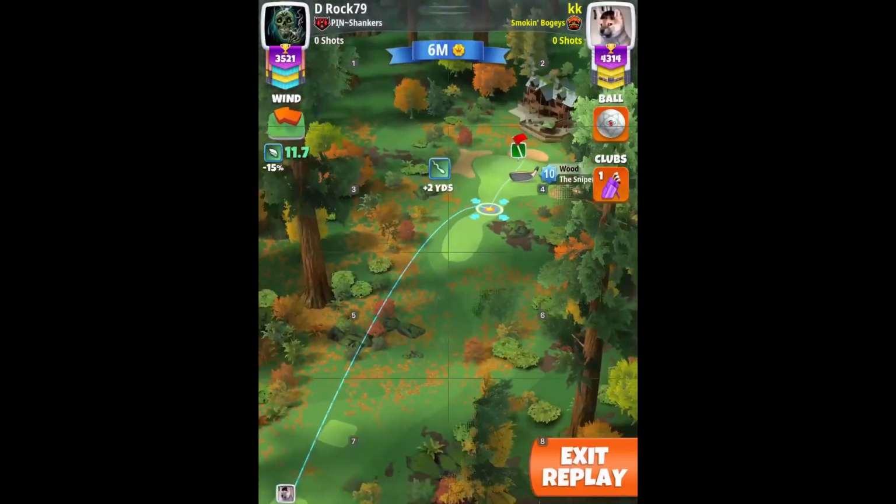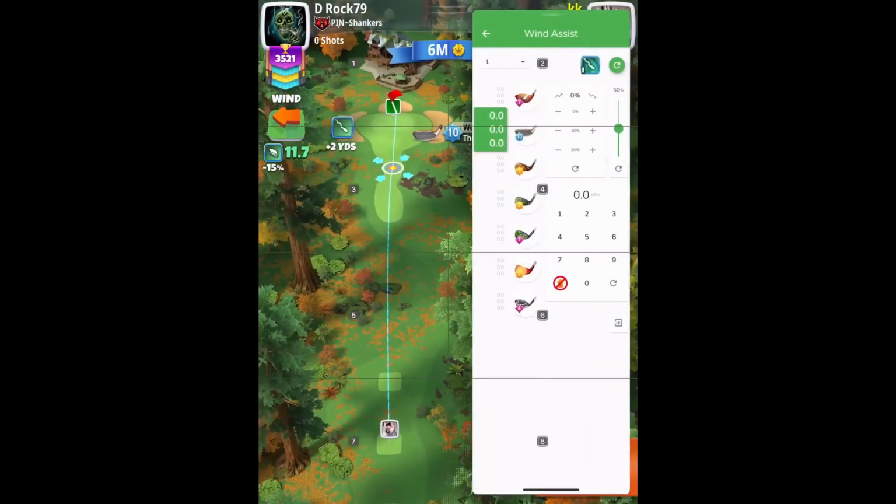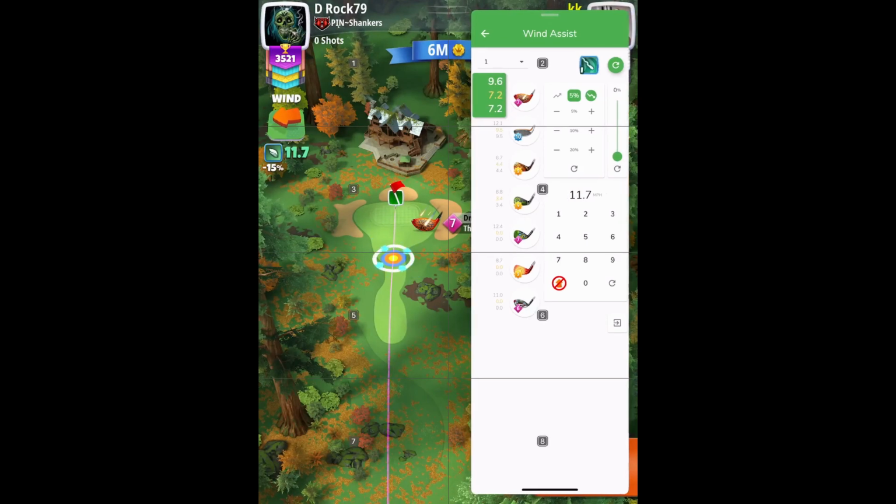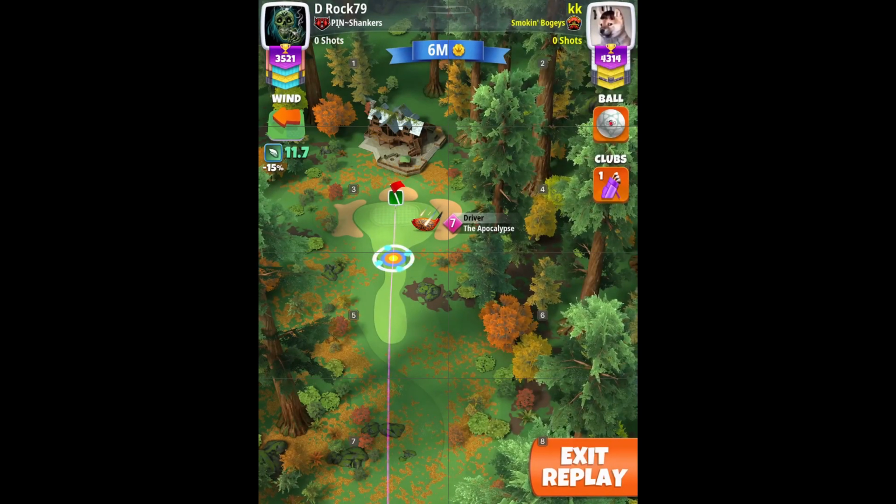Okay, here is a pretty straight right to left crosswind, but it has a little hint of headwind. So I wanted to try a driver shot.